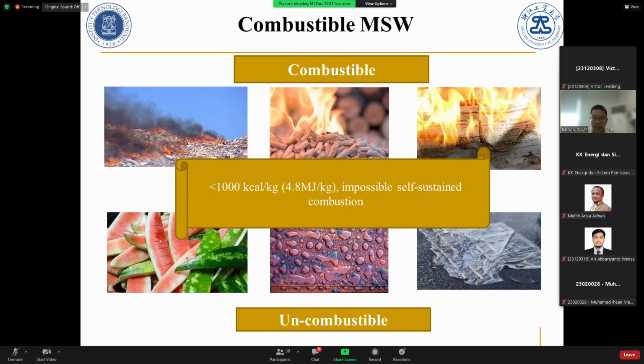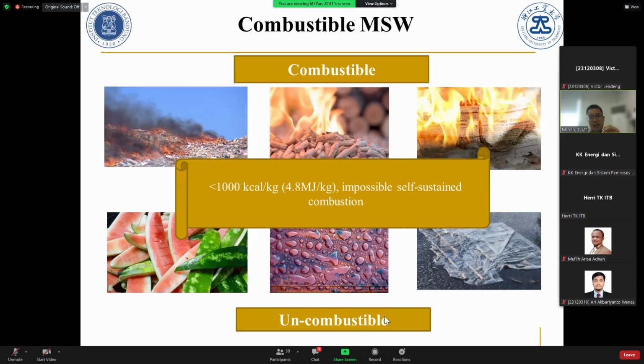For incineration, usually we say if the heat value, meaning the low heat value, is smaller than 1000 kcal per kg, it is impossible to have self-sustainable combustion. That means it cannot burn for a long time; maybe it burns for some time, then it will burn out, right?